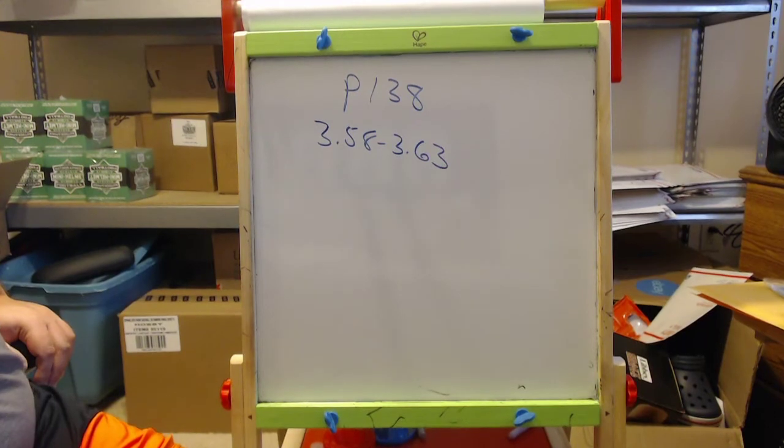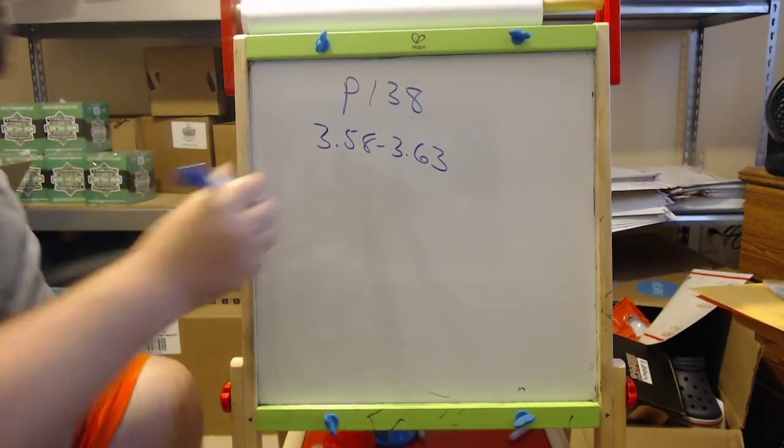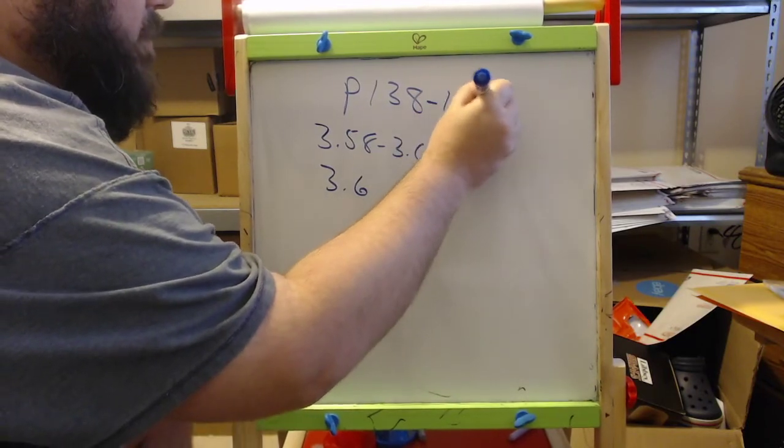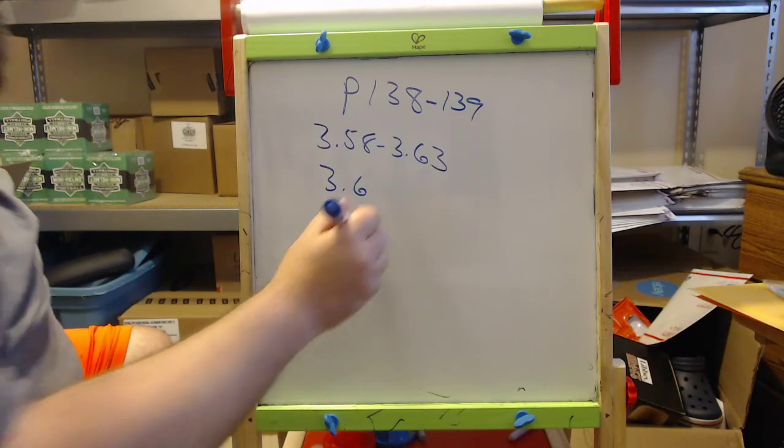How about 3.67 to 3.76? Yeah, let's do 3.67 to 3.74. So this is pages 138, 139. 3.67 to 3.74.